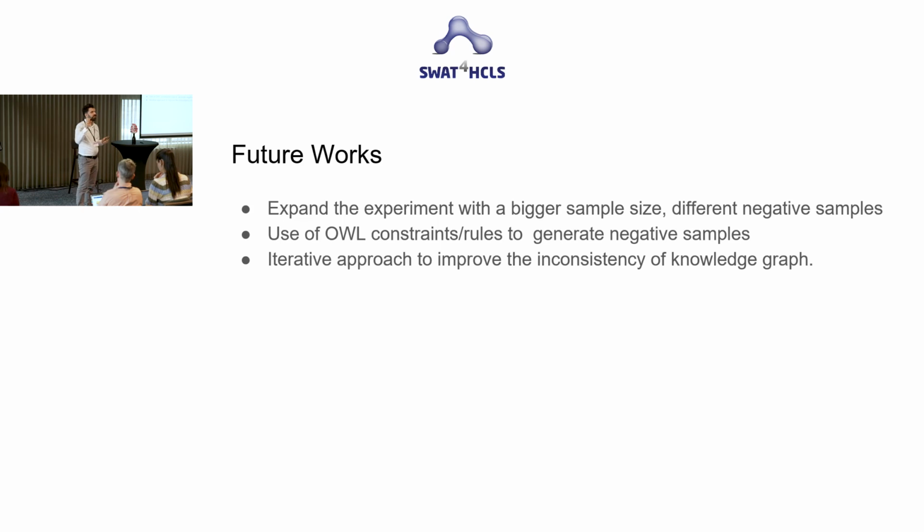Currently, we just focused on two kinds of negative sampling strategies or constraints. We can even increase this and use different sampling strategies. And maybe more importantly, if we know some OWL-based knowledge graph, we can use OWL constraints or rules that help us generate this negative set.